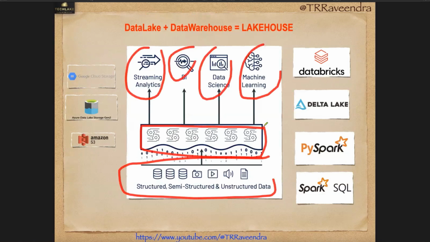Then what are the skill sets required to utilize this lakehouse? It's not only for Databricks, any cloud. If you are looking for lakehouse architecture, Delta is a common API. Languages: PySpark and SQL. Spark SQL, PySpark. So Spark, PySpark, Spark SQL, Delta Lake.